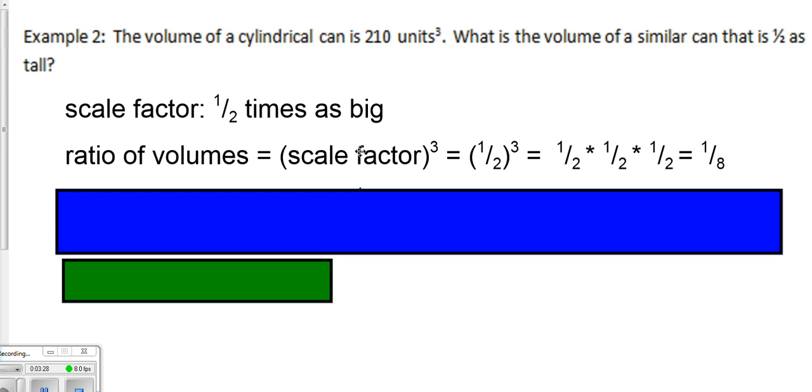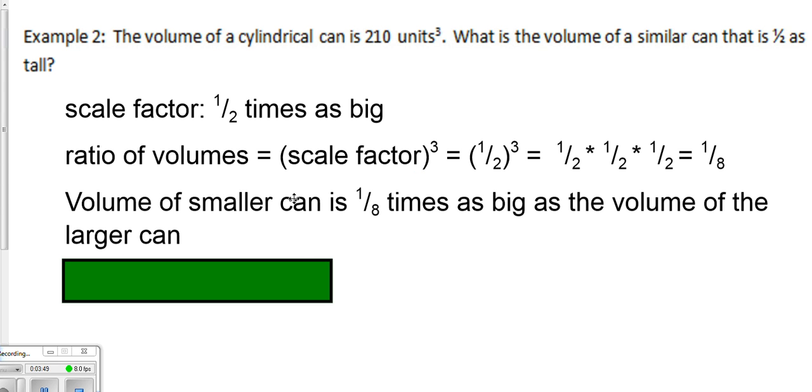Ratio of volumes is our scale factor cubed, so that's 1/2 cubed, which means we're doing 1/2 times 1/2 times 1/2. That's what cubing means. It's times itself 3 times. 1 times 1 times 1 is 1. 2 times 2 times 2 is 8. So the ratio of our volumes is 1/8.